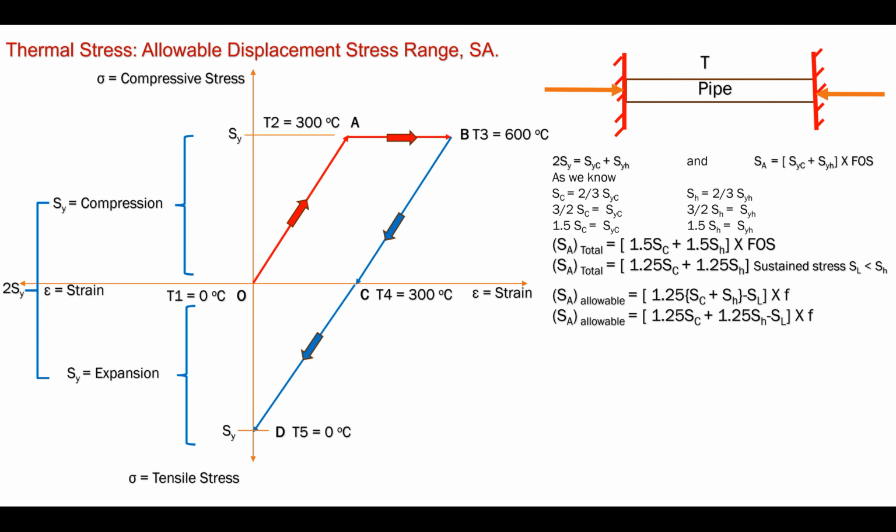If you further evaluate this equation, SA allowable is equal to 1.25 times SC plus 1.25 times SH minus SL into F. And further, if you evaluate this equation, we can come up with 1.25 times SC plus 0.25 times SH plus SH minus SL.